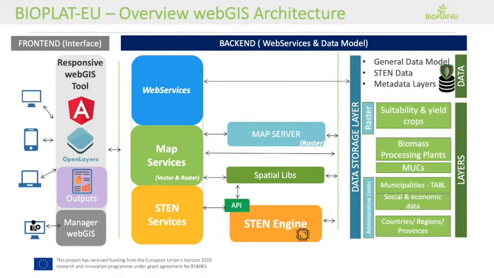The vector layers of marginal lands and biomass processing plants. This is all the information that we have in the project. And the layer of management, the administrative limits. The most significant layers are the target area-based layers. This is the municipal level, and contains statistical information and social and economic data used in the STEM.